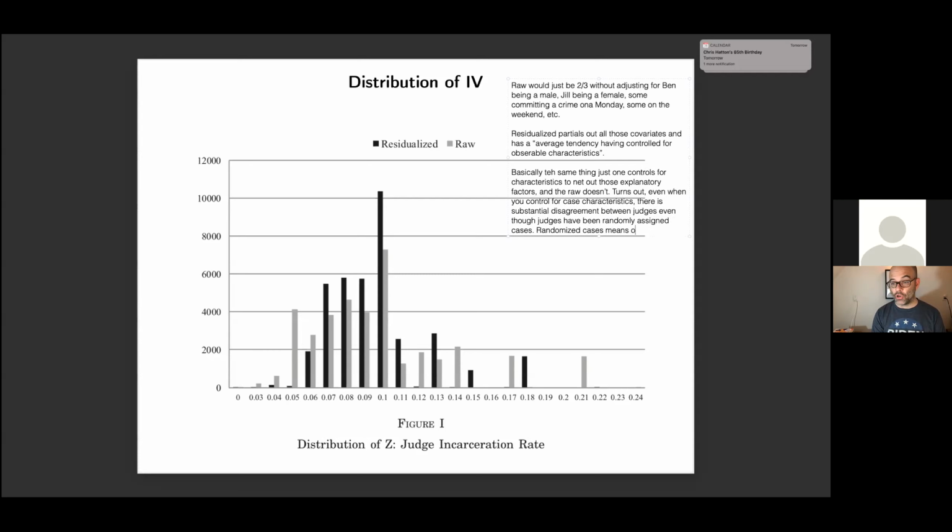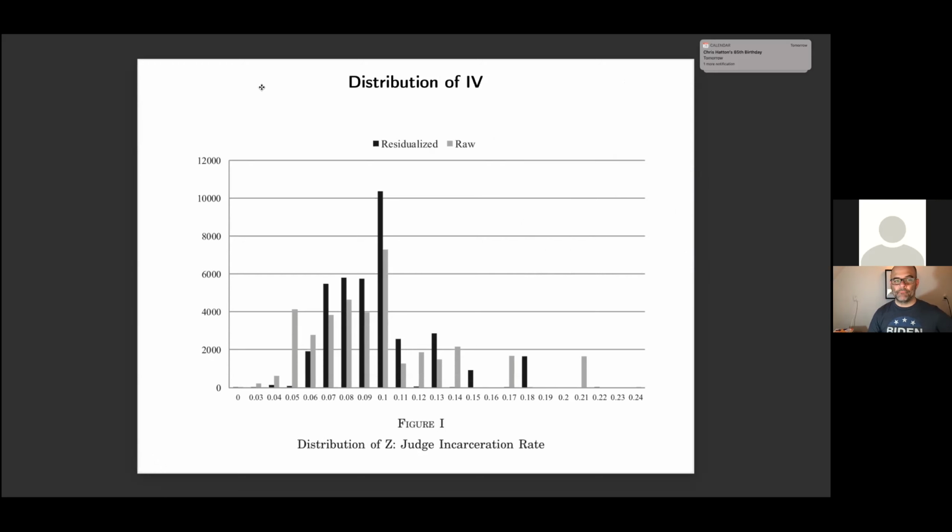Randomized cases means on average they see the same blocks, the same cases, same number of African Americans, same number of felonies, etc. So these differences cannot be due to the cases being different, due to randomization.